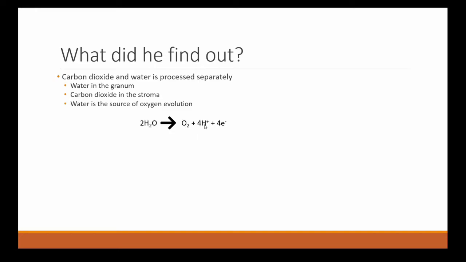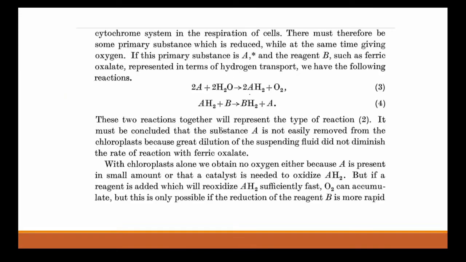You also have hydrogen ions and electrons. That hydrogen ion and electron gets accepted by a transport molecule A. Now we know that the transport molecule indeed does exist. Its name is NADPH, yeah, NADPH2. That's the reduced form, and the oxidized form is NADP.